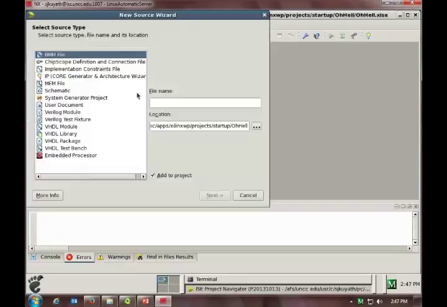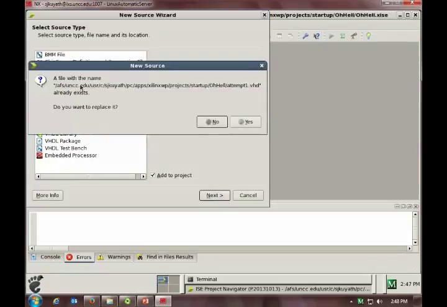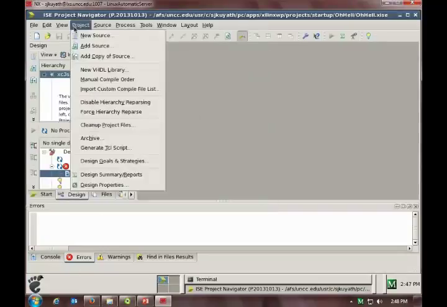Project, new source. And if I came up with this and said Attempt 1, it should give me an error and say that it's there. It exists. No, I don't want to replace it. Anybody got any ideas?